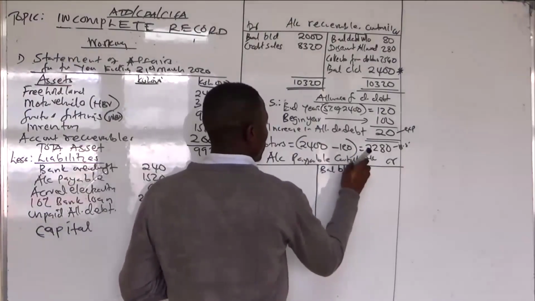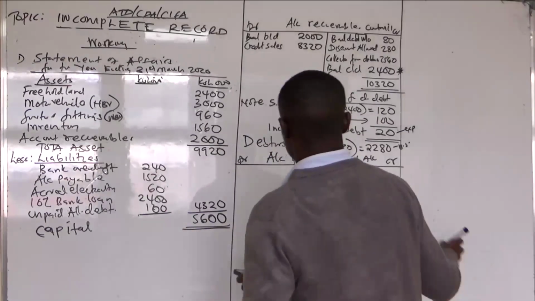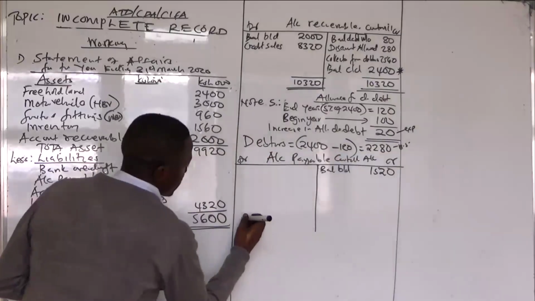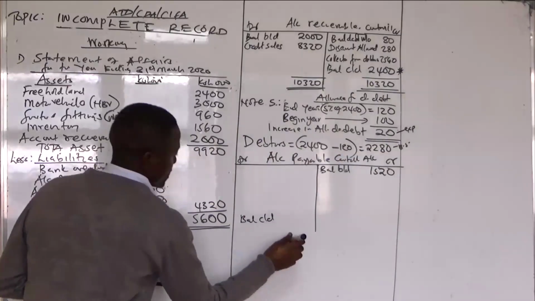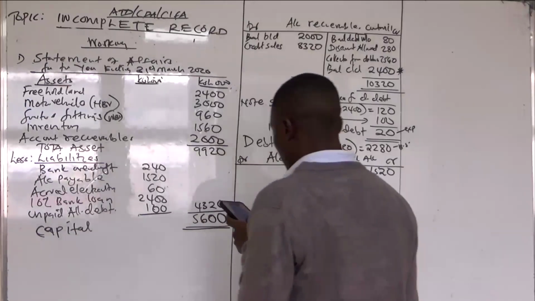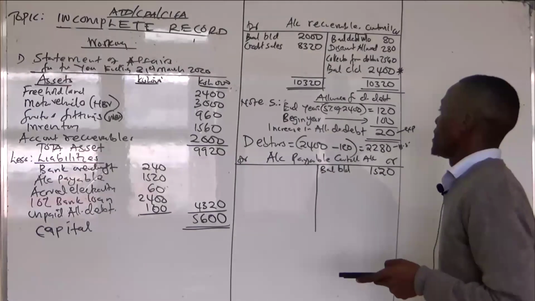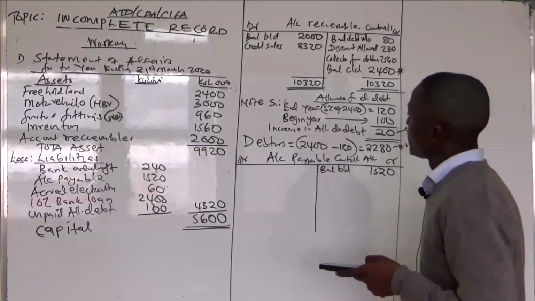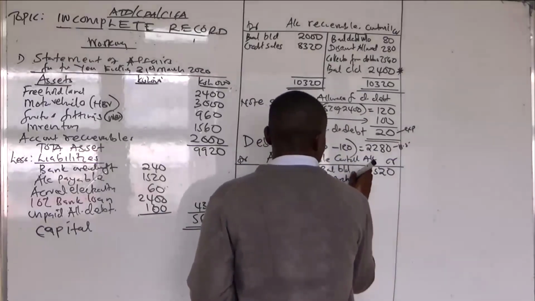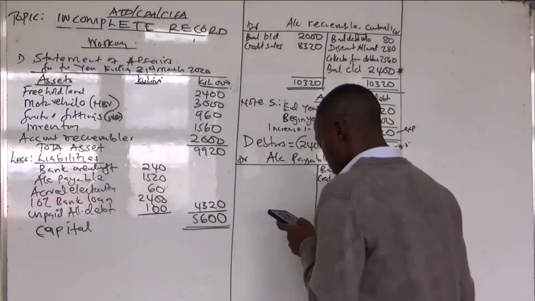What was the payable at the beginning? 15. So balance carried down here. Let us fill these first. There were credit purchases. Do credit purchases go debit or credit? Credit. How much was it? 7,600.